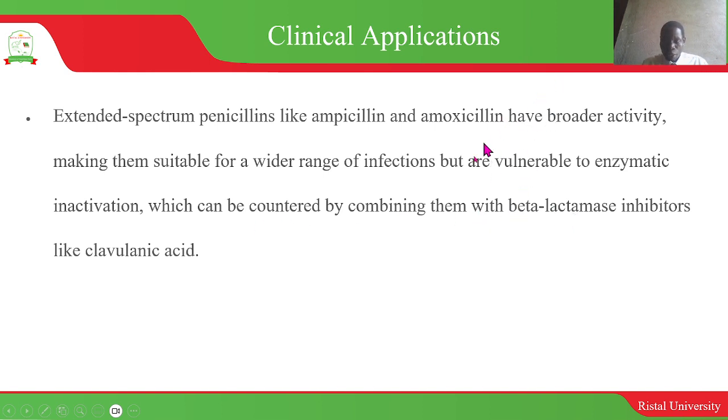If they are alone like this, sometimes it's a bit difficult. They are not so effective on those beta-lactamase producing bacteria. So if we are dealing with a bacteria that has this beta-lactamase enzyme, we need to combine these drugs with clavulanic acid so that we can have drugs like co-amoxiclav.